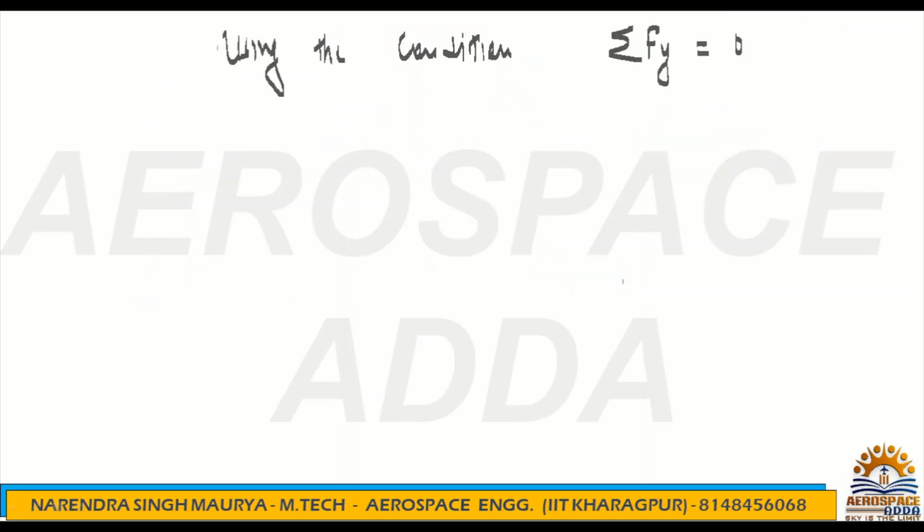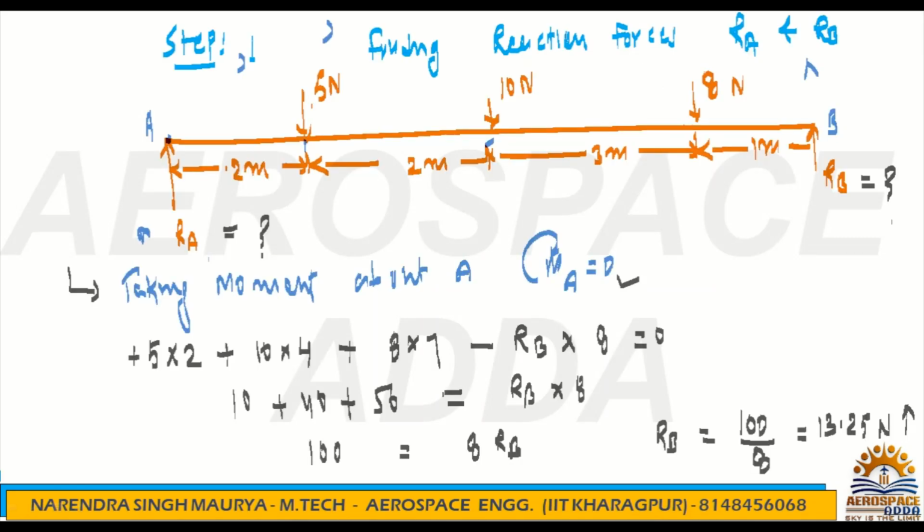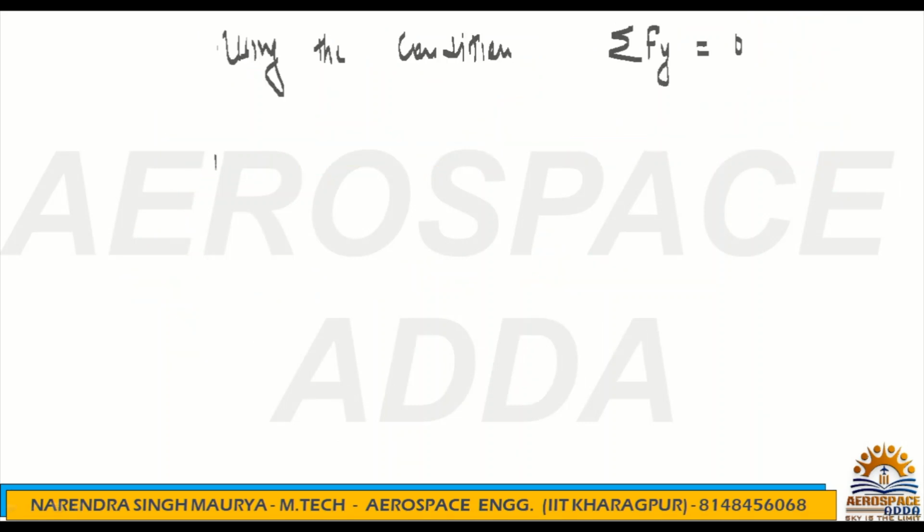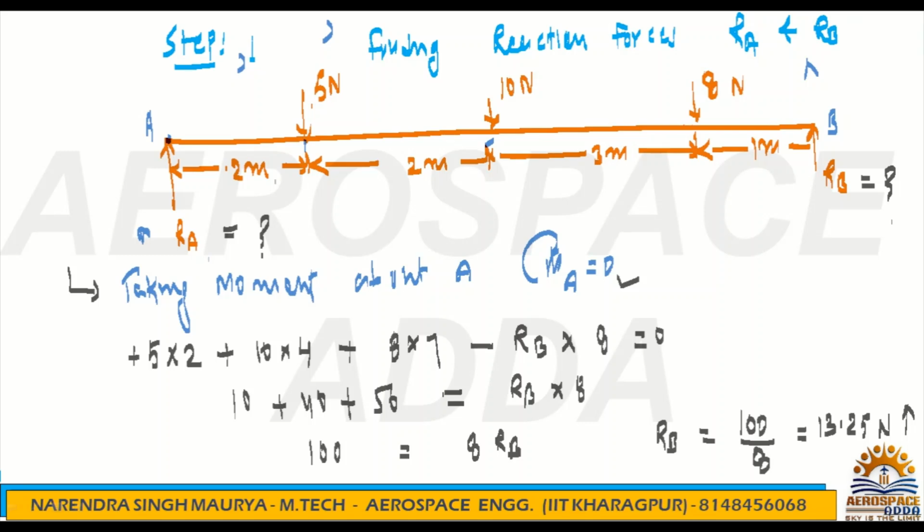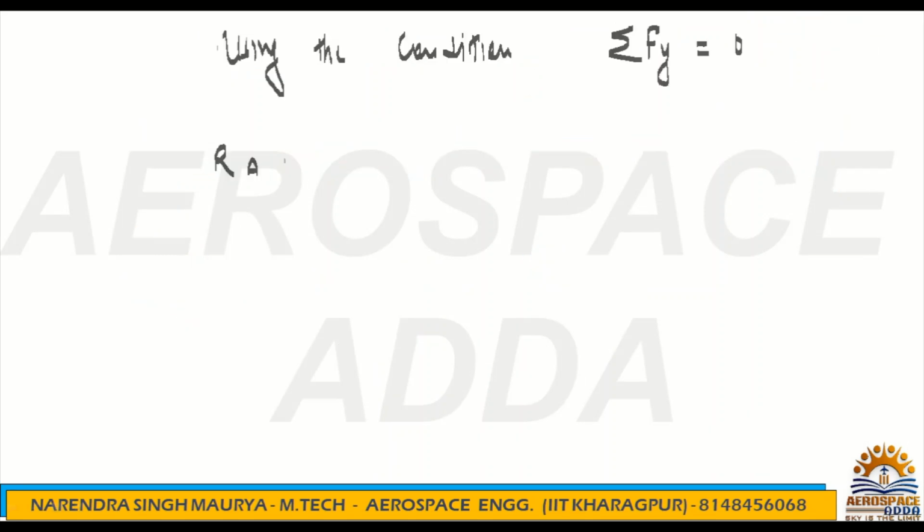So the second equilibrium equation we can write is summation of Fy. Summation means algebraic sum, plus and minus of all the forces. If it is upward, then plus; if it is downward, then take negative. Like I'll show here, RA is upward, so all upward forces you take as positive. RB here is upward, so take RA plus RB.